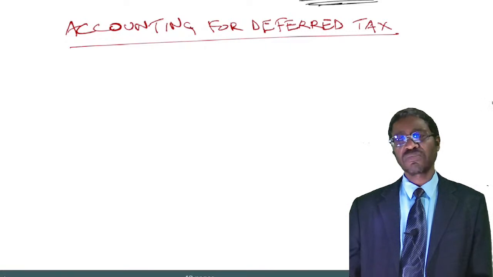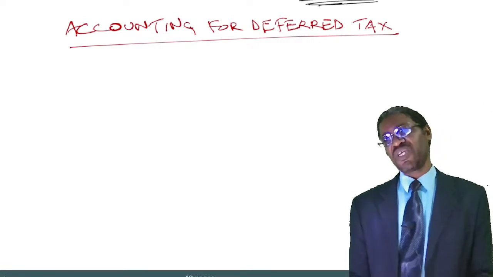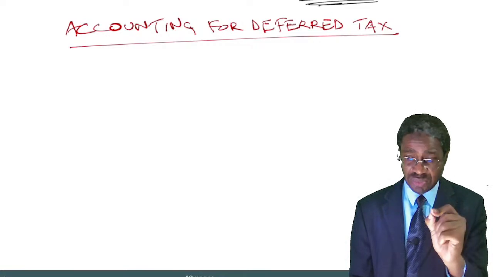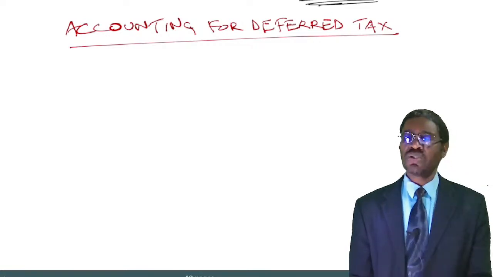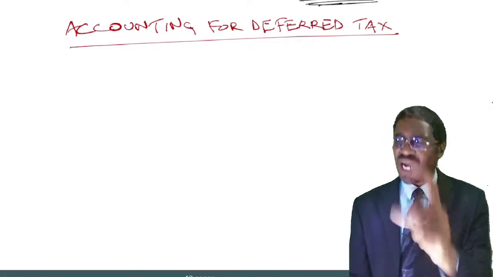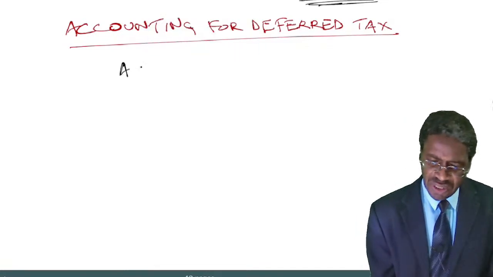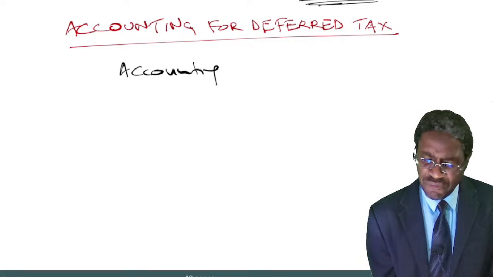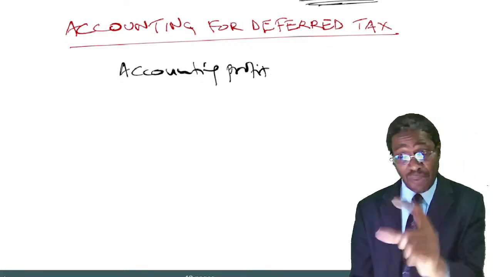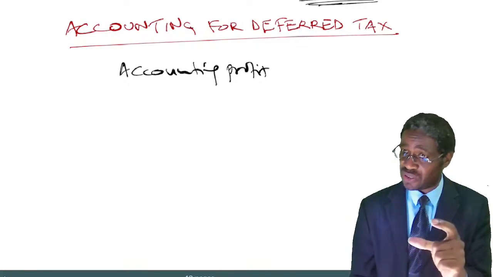Now listen. At this level, you must have done the subject called taxation. You all know that when you as a businessman compute your accounting profit, and you present that profit to the tax income authority, they normally don't tax you on that profit.